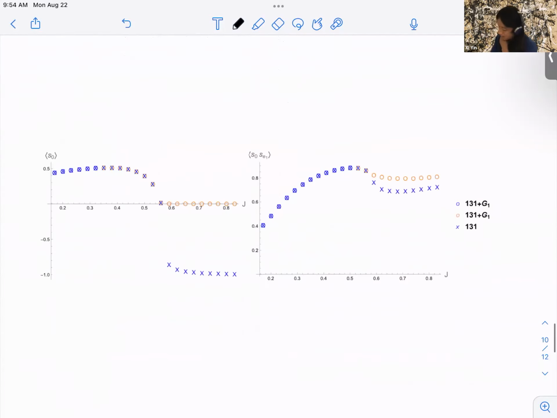Okay, so now here I'm showing you a very simple plot that illustrates where the second Griffith inequality fails. This is a very simple result based on the 131 diamond. These are upper bounds for both the magnetization as well as the nearest spin correlator.